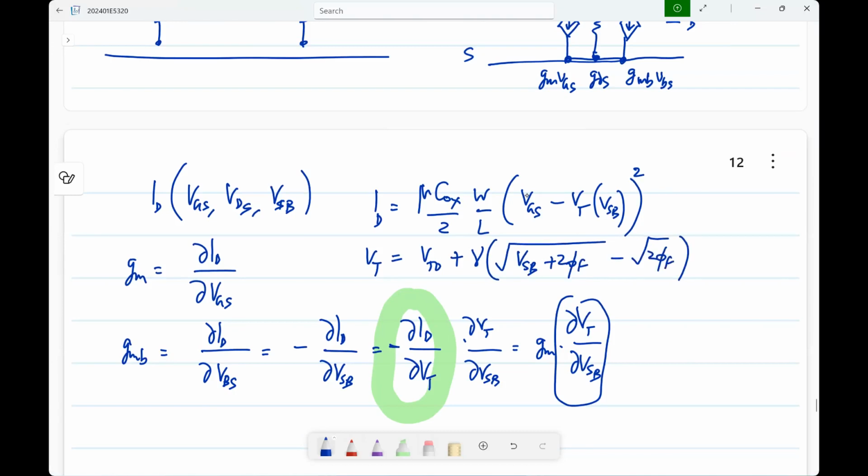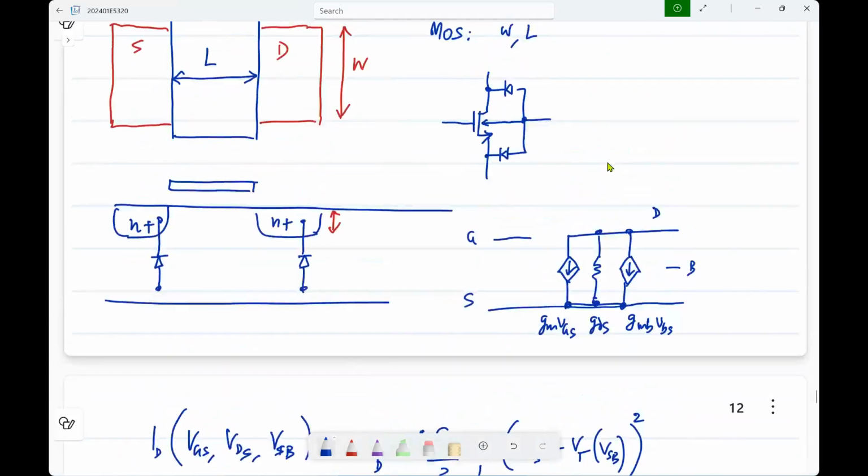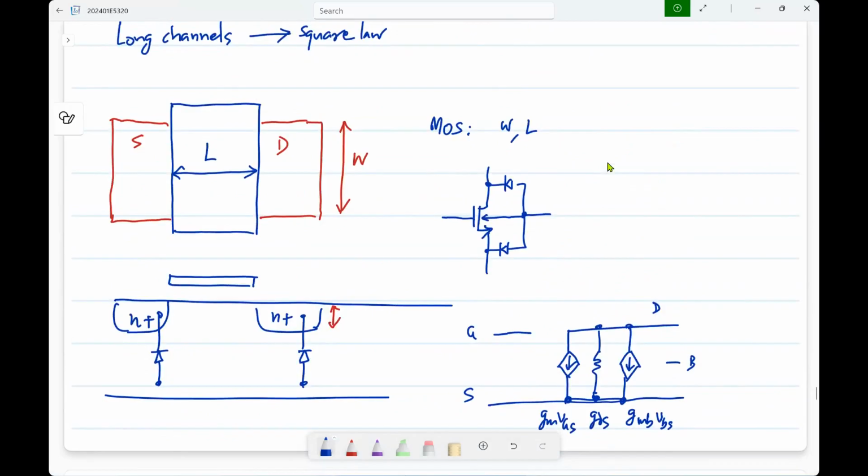So you know this GMB also, I had not explicitly mentioned this. So you can calculate all these small signal parameters basically if you know the operating point and the dimensions of the transistor, right? Now, in the small signal model, you will also need to add this CGS and CGD.